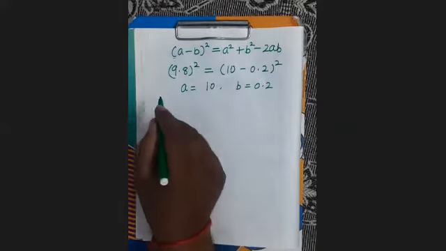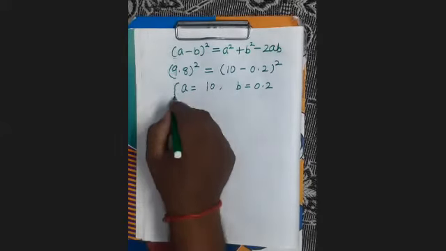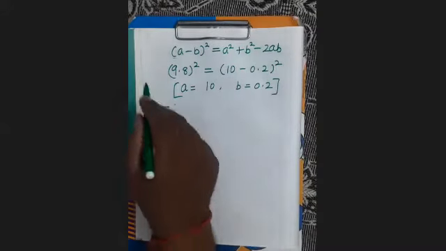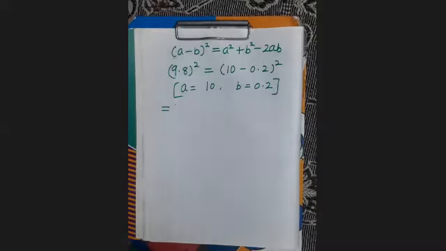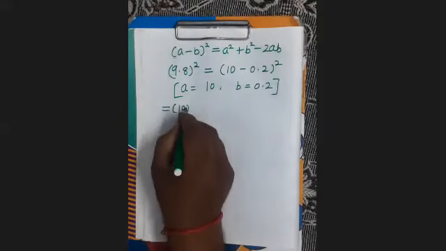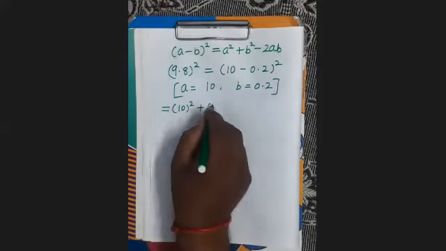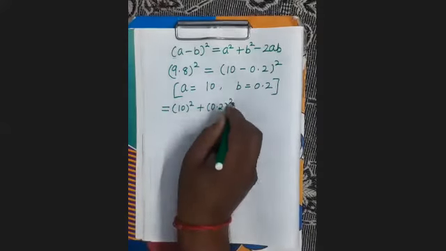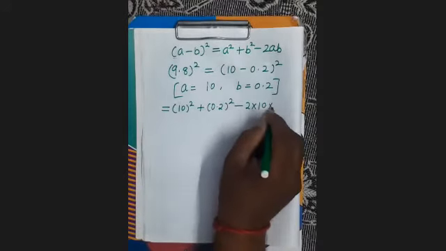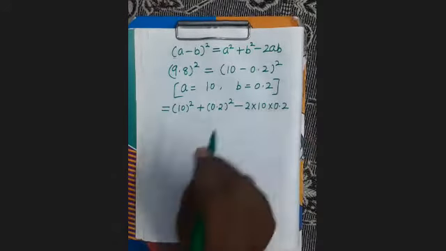So it will be equal to, you can put it in the bracket, A square. You have to write the formula. Formula is must. In every question, you will write the formula which you are using. So 10 square, 0.2 का whole square, minus 2 into 10 into 0.2.